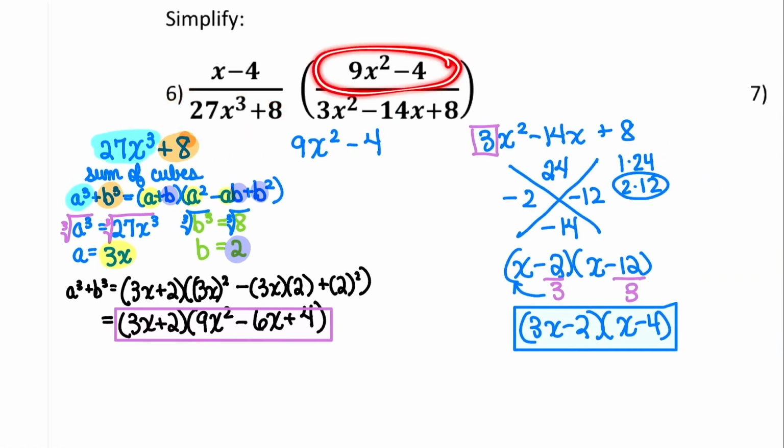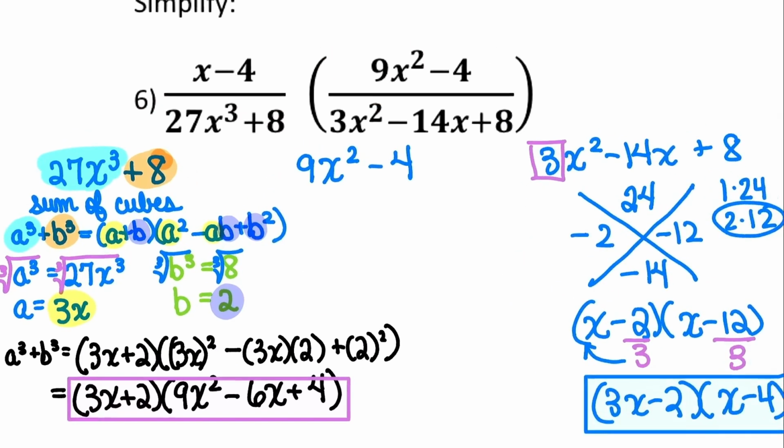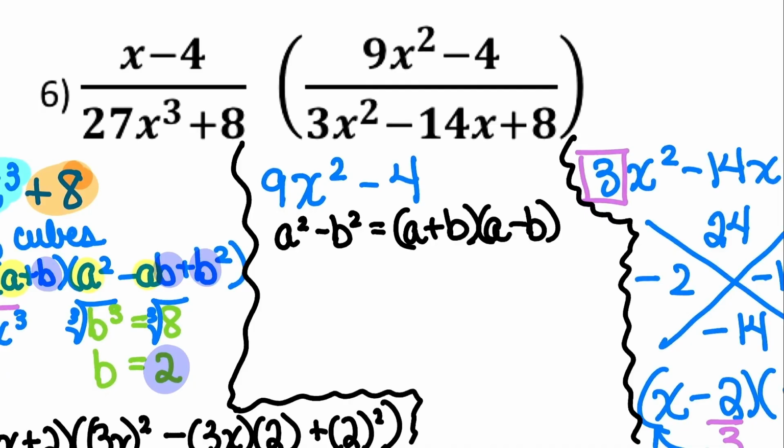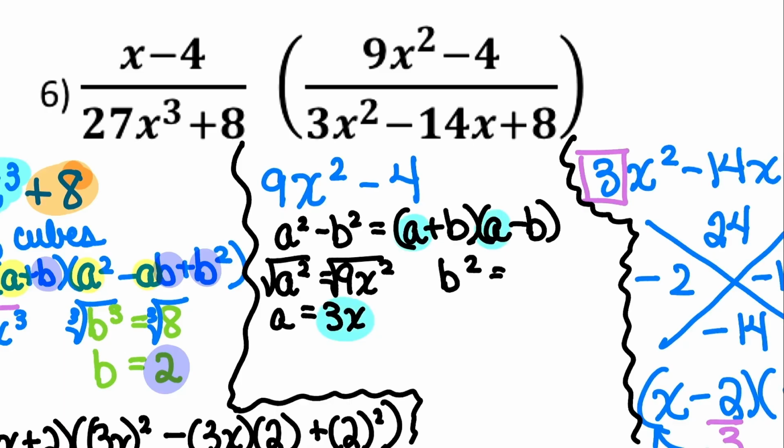Lastly, we have the difference of squares here. Difference of squares also has a specific formula. And we're actually going to do the same thing. So a squared equals 9x squared. And then we can just take the square root of both sides. So a is 3x. And everywhere that there is an a in our formula, we're going to put a 3x. And then we have b squared equals 4, because we have 4 in the position of our b squared.